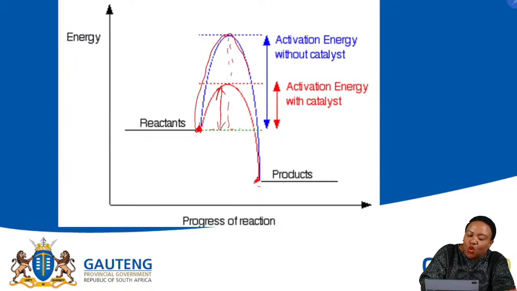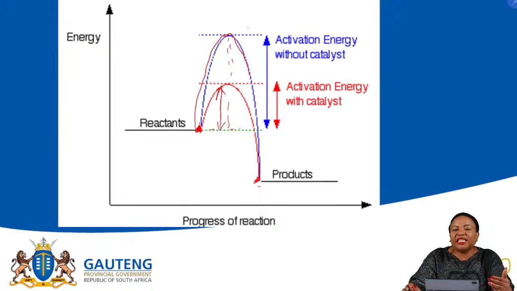So this is a graph you can use to represent how a catalyst affects the rate of reaction. It didn't change the heat of the reaction, and it was not involved as part of the product. It just changed the rate of reaction by lowering the activation energy. The graph is lower than the other one, but the two graphs start at the same point and end at the same point. That is very important.